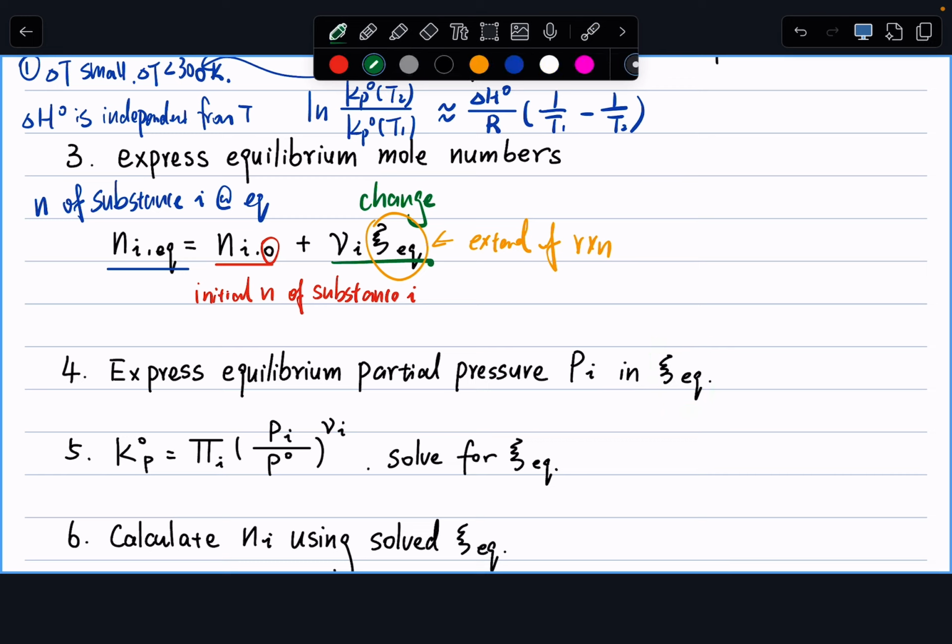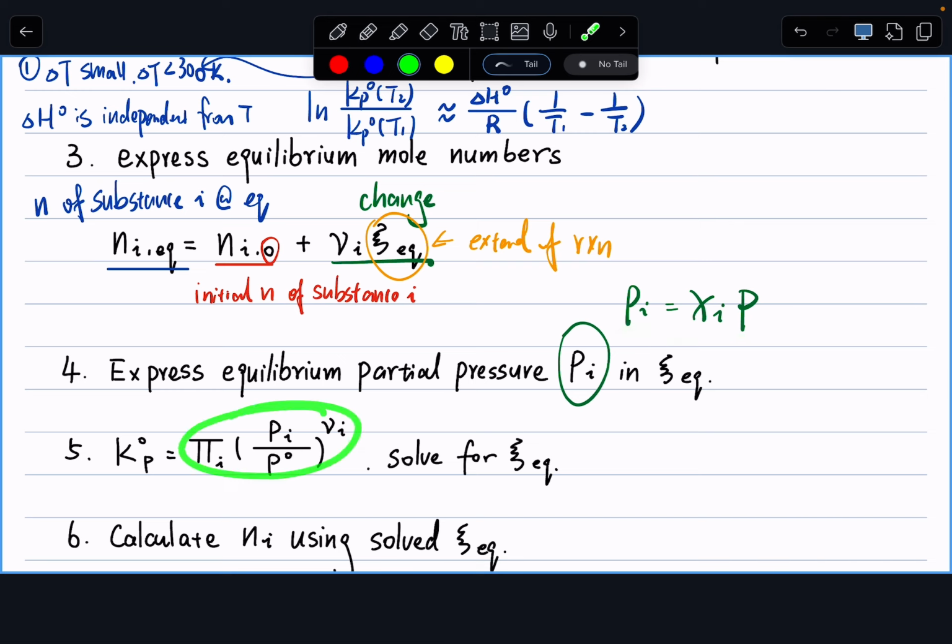And in this case, how do we do it? We know that P_i for equilibrium mixtures, for ideal gas mixtures, equals chi_i times the total pressure P. Right. And then we plug our expressed partial pressure into the equation to solve for the extent of reaction, xi.